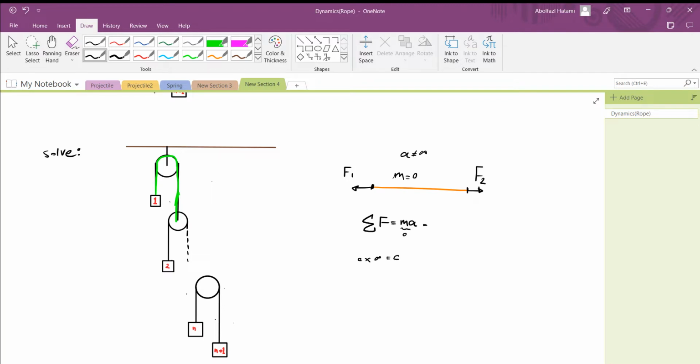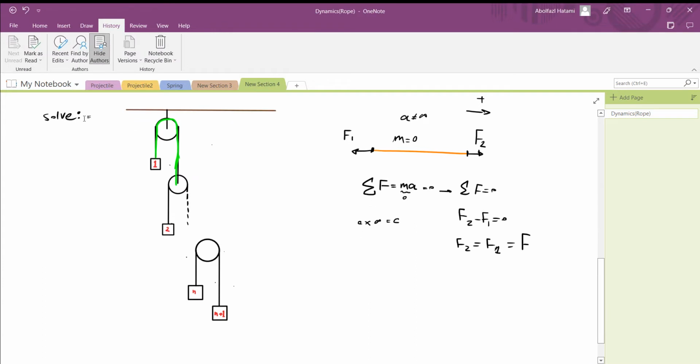So sigma of F is 0. If we take the positive direction to the right, F2 minus F1 is 0, so F2 is equal to F1. So the tension in the rope is constant, something like F.